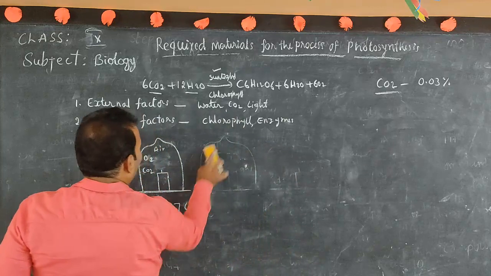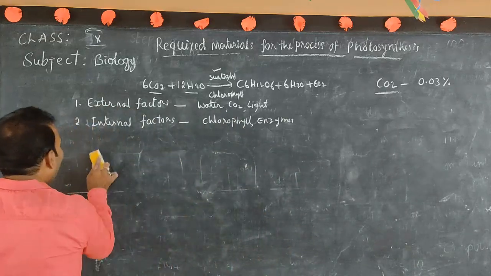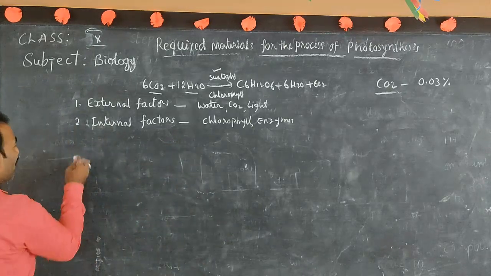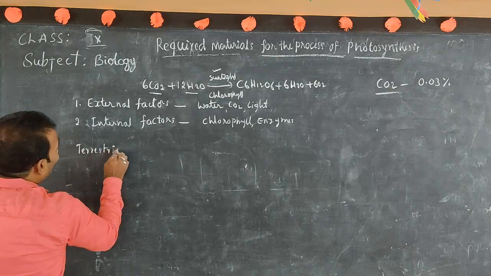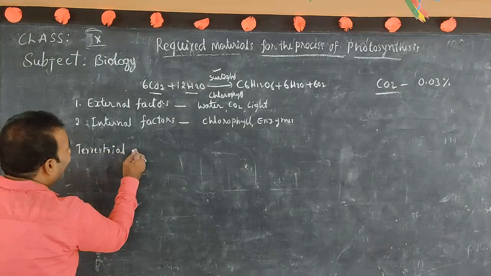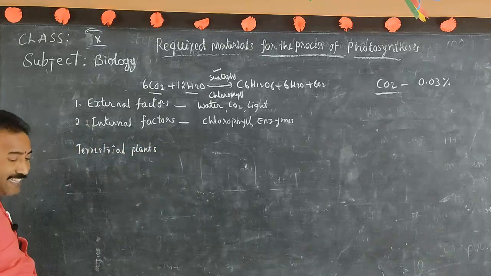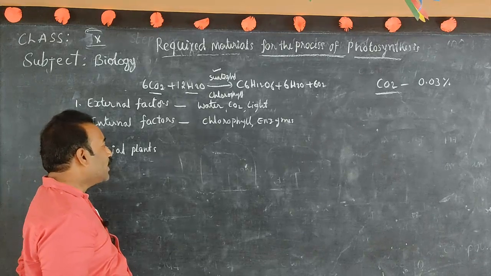Generally, carbon dioxide is present in the atmosphere. That's why all the terrestrial plants, do you know what terrestrial plants are? Plants which grow on land are called terrestrial plants. All the terrestrial plants can use the carbon dioxide present in the atmosphere.